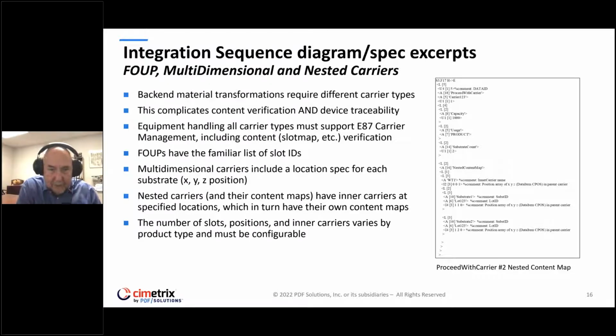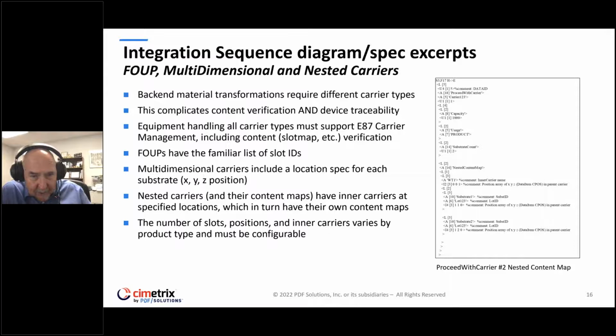You have to maybe give it a complete X, Y, and Z coordinate to know where a device or a substrate would be in that carrier. And then finally, nested carriers, where you've got, let's say, a cart that handles multiple of the multidimensional carriers that you have to track.